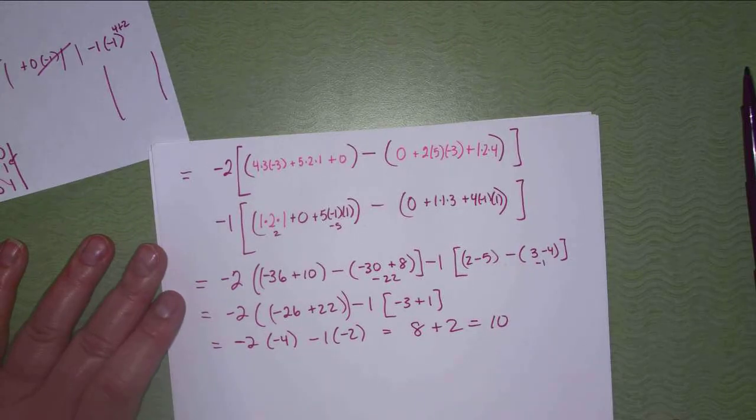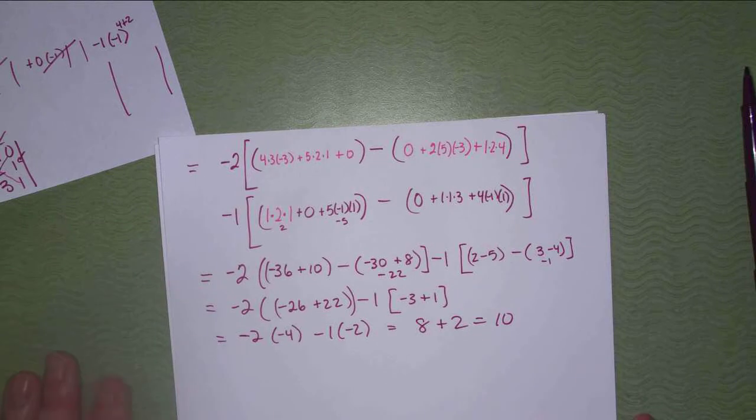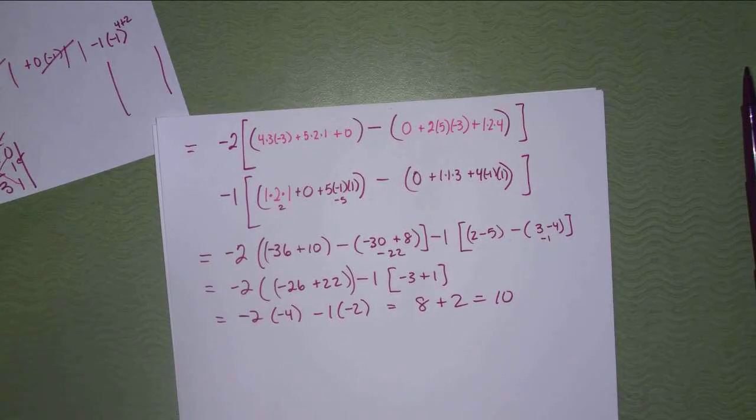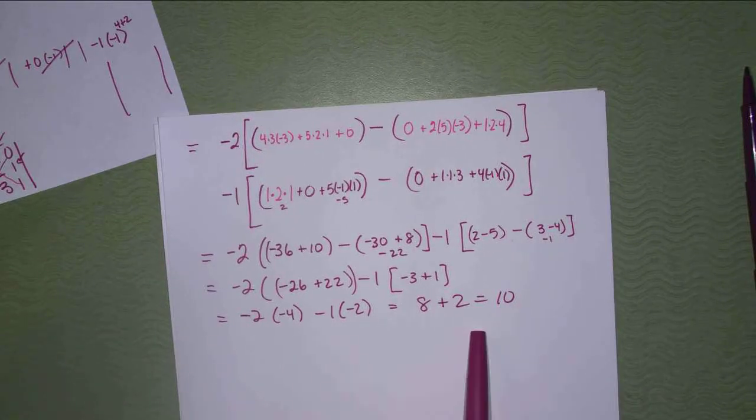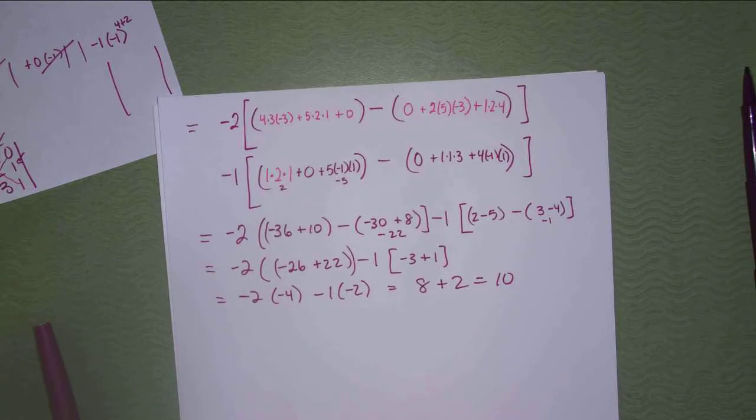Different answer than I got in my notes, where did I make a mistake? You got the same as this? Did anyone else? You got the same? Or you're just nodding?